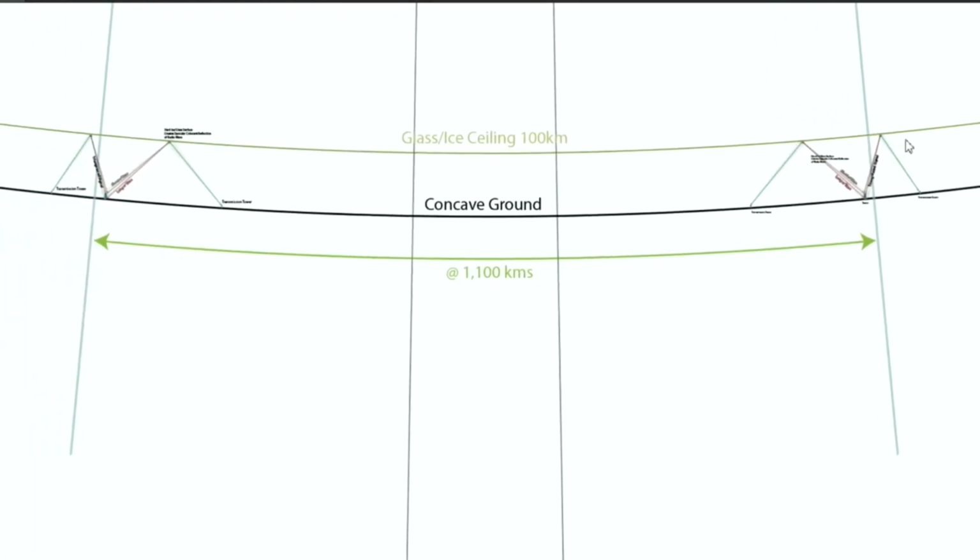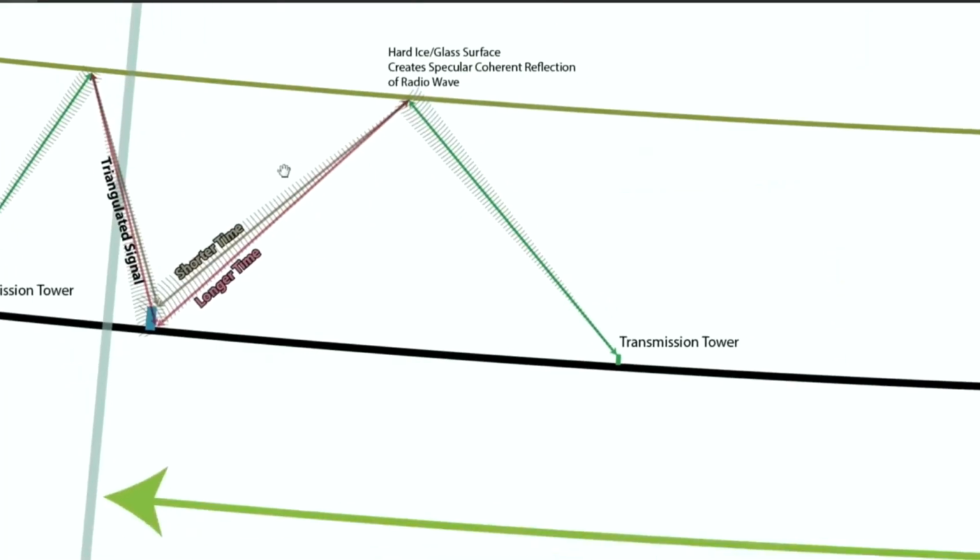And basically now with the towers, the cell towers, the radio transmission towers that we have installed virtually everywhere on land anyway, what they do is they're beaming up a signal and they're hitting a hard specular coherent reflected surface, so that it's going to reflect the radio waves.